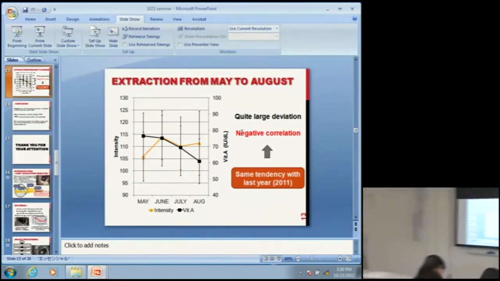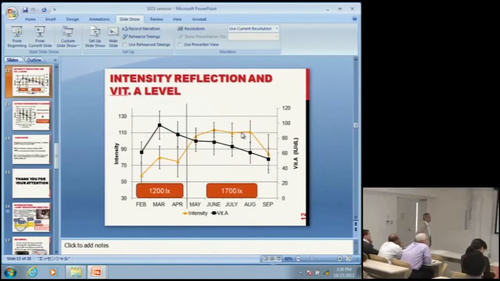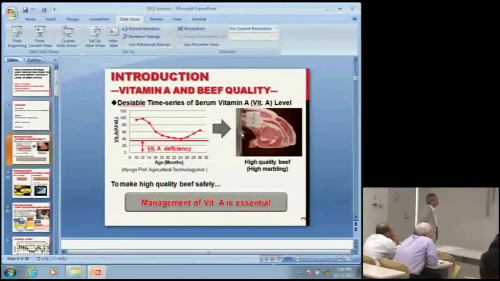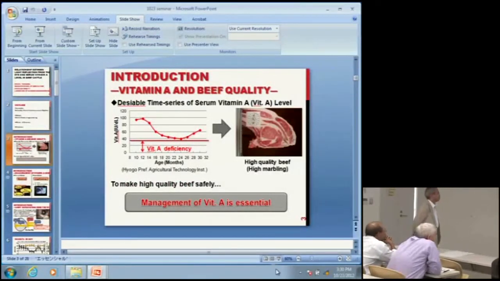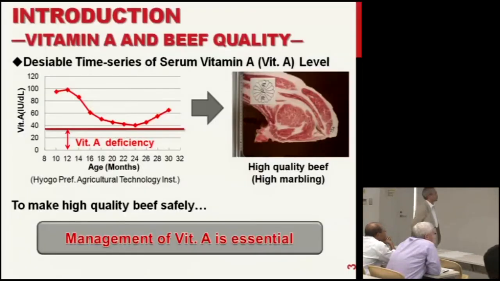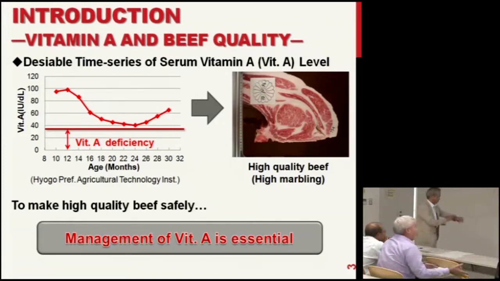Can you please show me slide number 3? Here you are on the graph of vitamin A versus age. You're showing the change in vitamin A and that deficiency occurs around 30 months. From a management point of view, when do they have to supply vitamin A to ensure that it doesn't go too low?